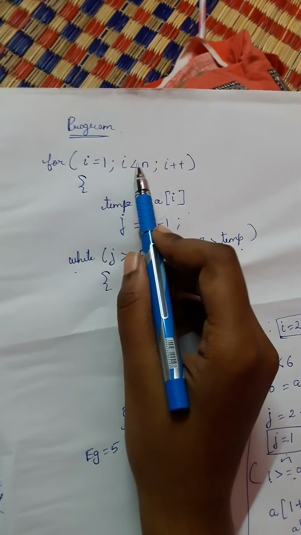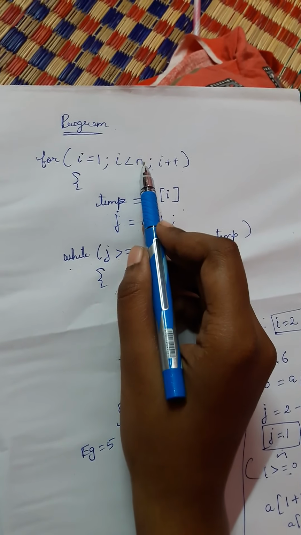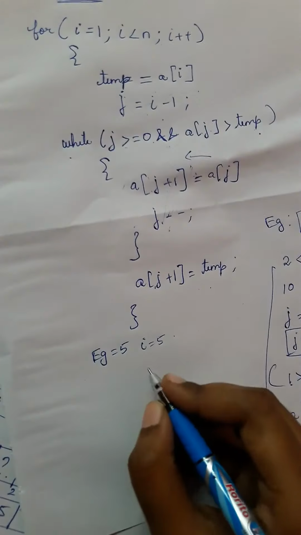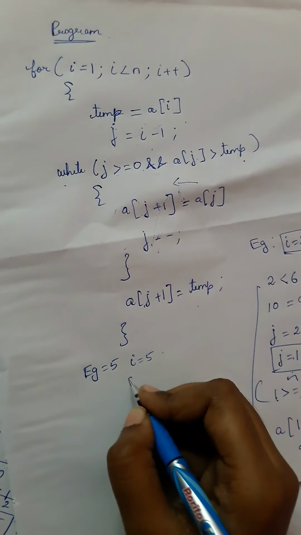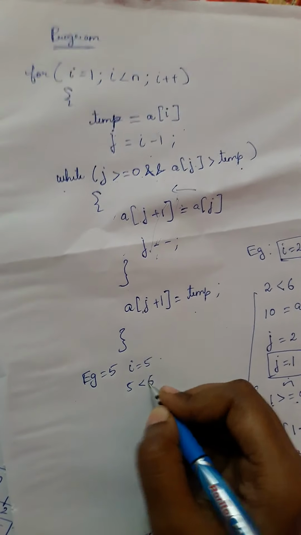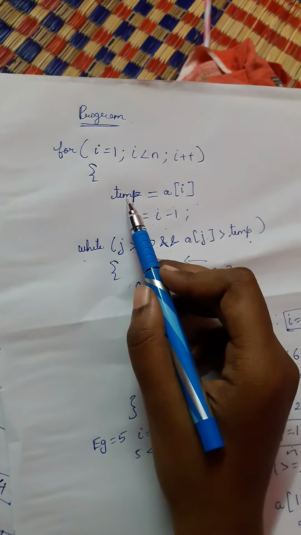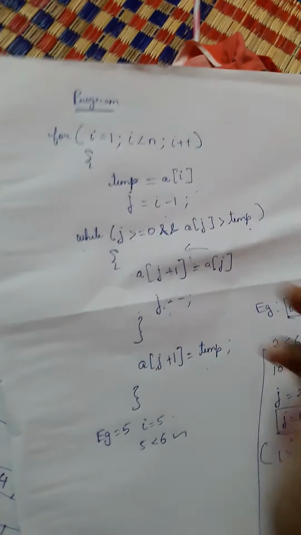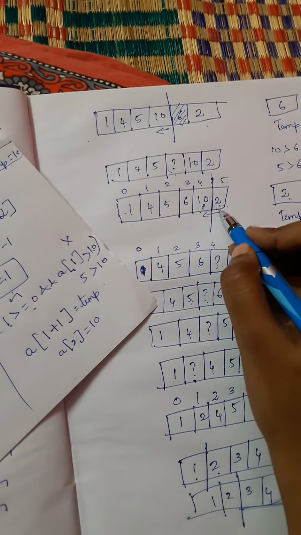Now the i value is 5, and 5 is less than n. The n value is 6, so 5 is less than 6. So this condition is true, and I am entering into this loop. temp is equal to A of i. What is the temp value stored? That we did not see. The temp value is 2.